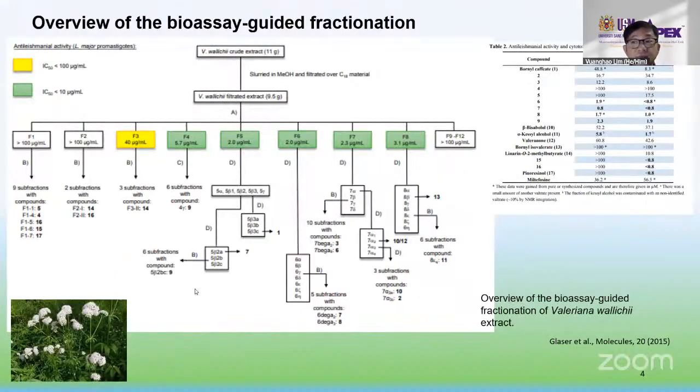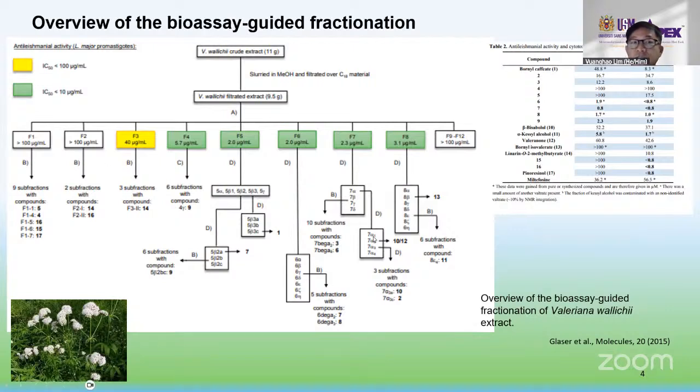This figure illustrates the conventional bioassay guided fractionation approach, where researchers begin with crude extracts, then fractionate them repeatedly, then test the fractions for biological activity. After this, they continue purification until a single compound is isolated.